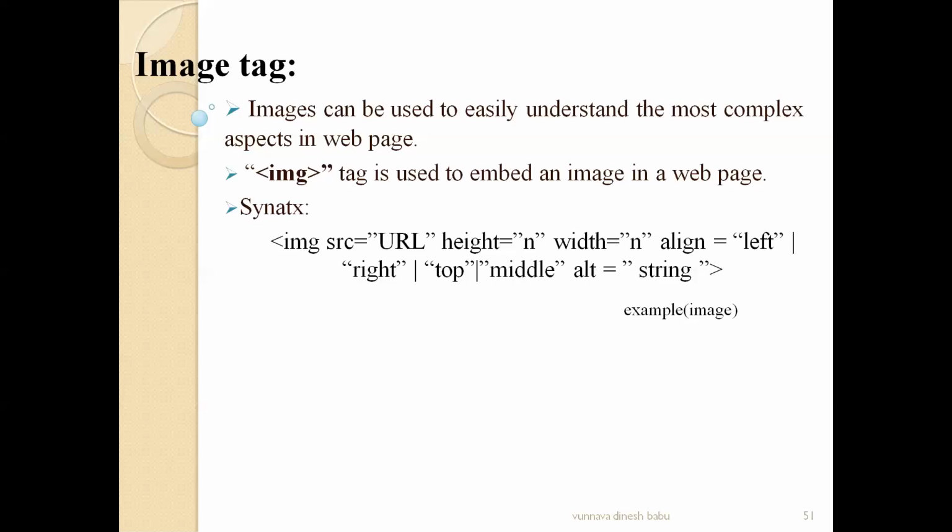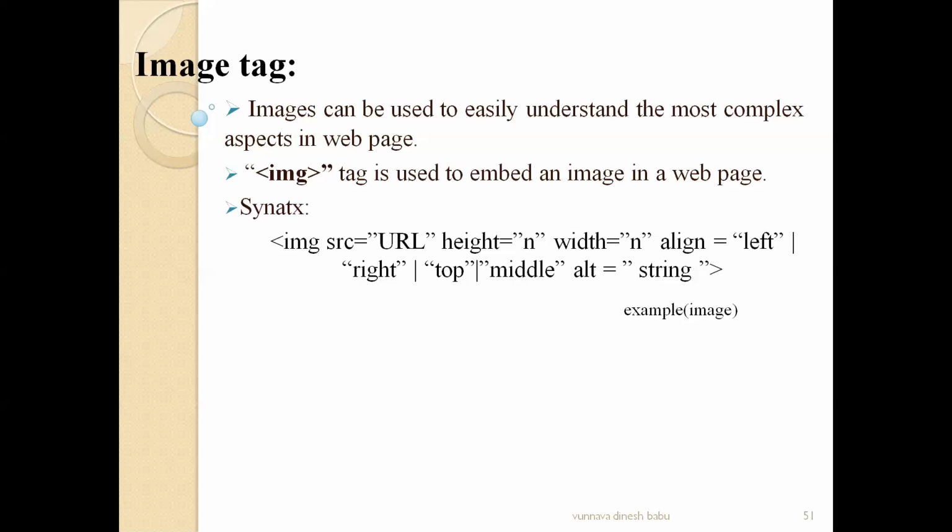Here, for the img tag, the name of the attribute is src and the value of the attribute will be a URL. URL means what is the image you want to display on the screen. So the complete path of that particular image should be represented as a value to the source attribute.